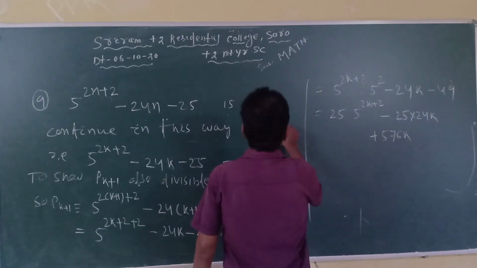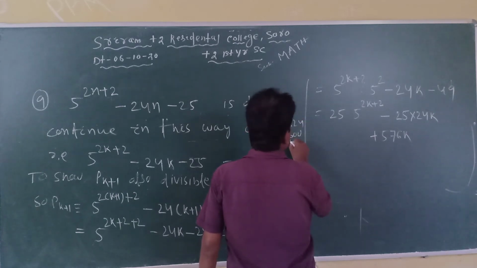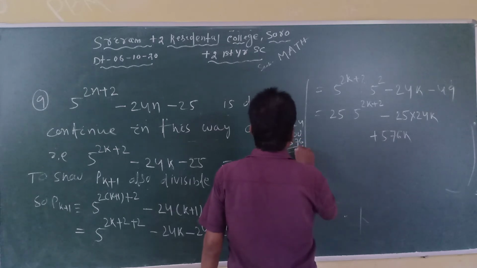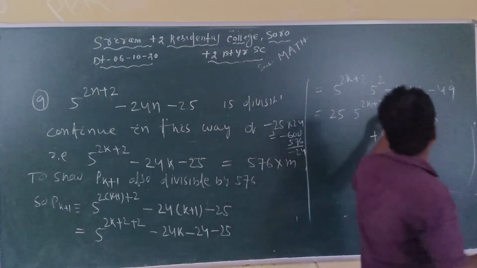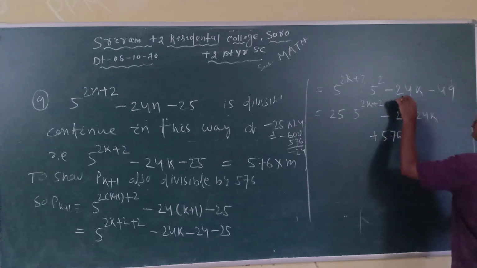Look, 25 into 24, before the minus, that is minus 600k plus 576k, is equal to minus 24k.